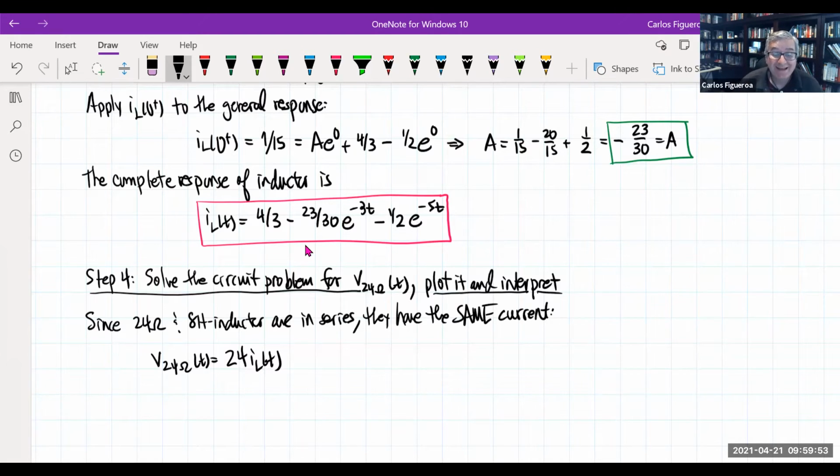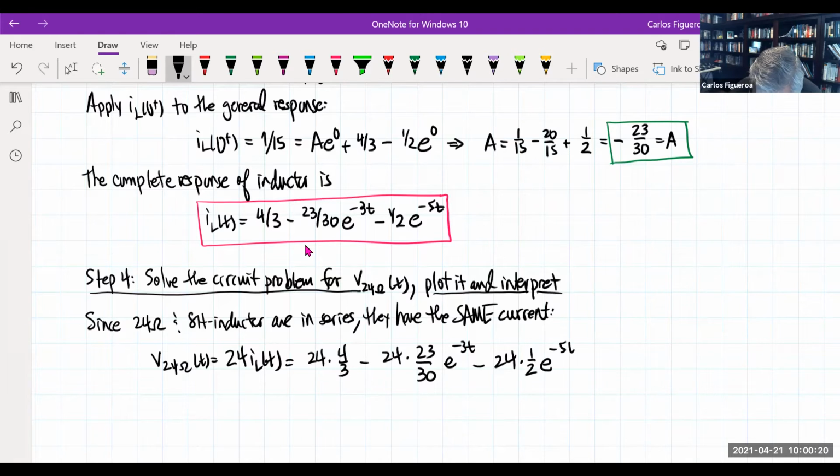So if I write this out, you can see I have to multiply 24 times 4/3. So I'm going to get 24 times 4 divided by 3, then 24 times 23 divided by 30 times e to the minus 3t, and then 24 times 1/2 e to the minus 5t.